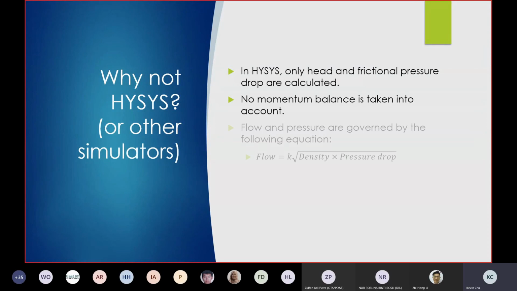Finally, the flow and pressure in HYSYS are governed by this equation: the flow is equal to K times the square root of density times the pressure drop. This is a very simplified pressure-flow relationship, or hydraulic relationship. This is the typical hydraulic computation employed by most process simulators.